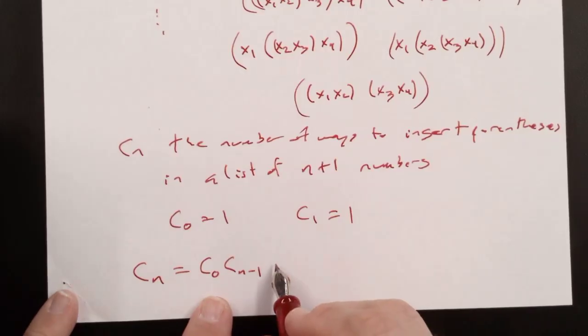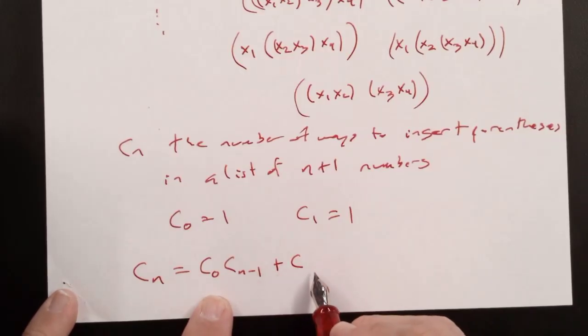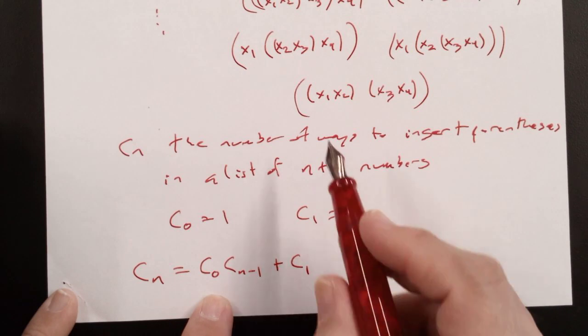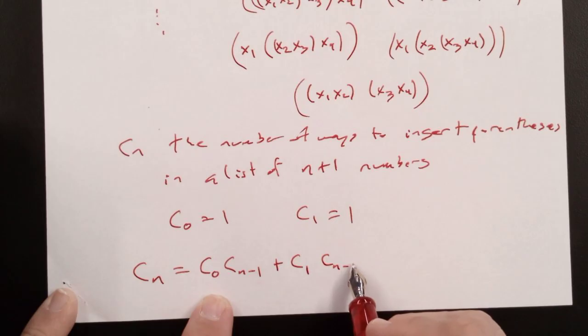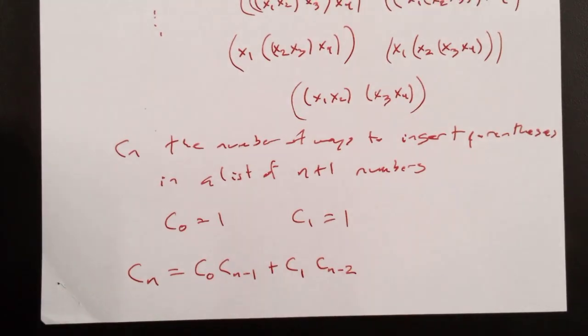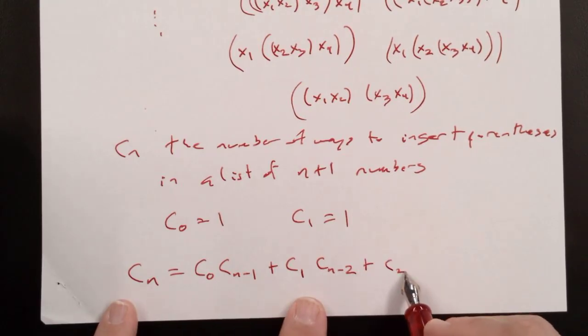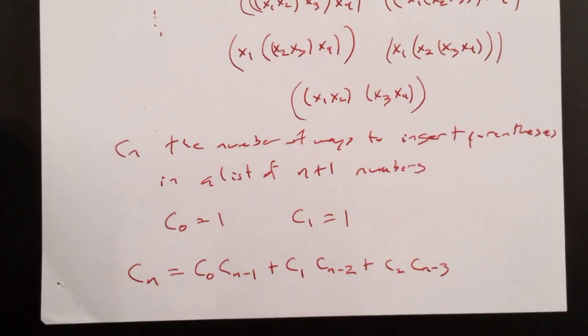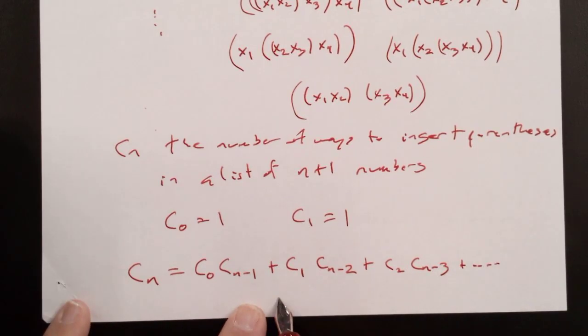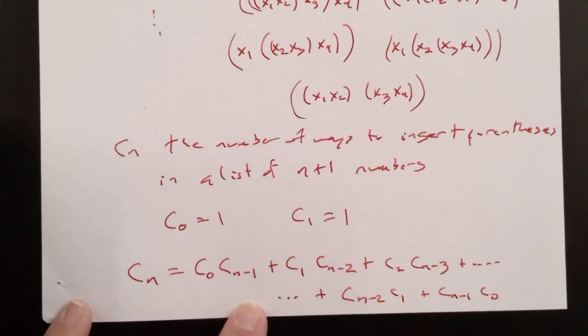Or I could say, I'm going to do two at the beginning, and then look at the rest of them. Or I could do three at the beginning, and then look at the rest of them. Or I could switch the word beginning and end.